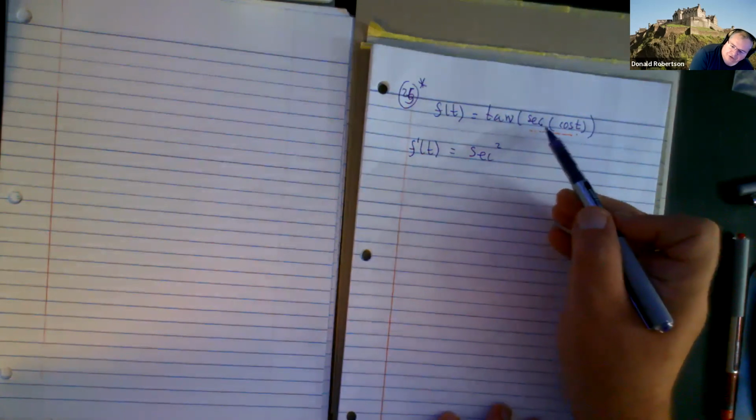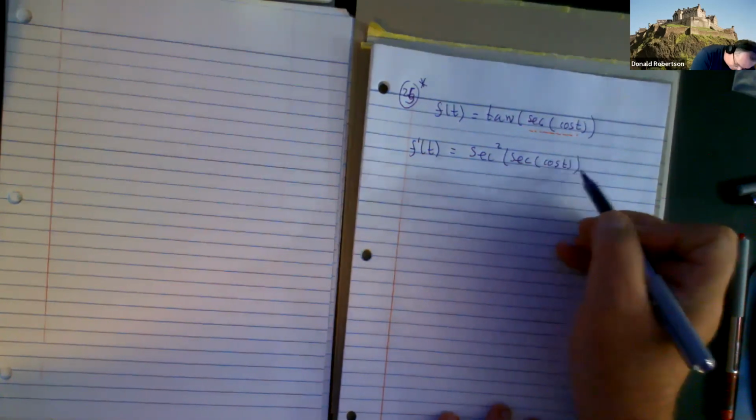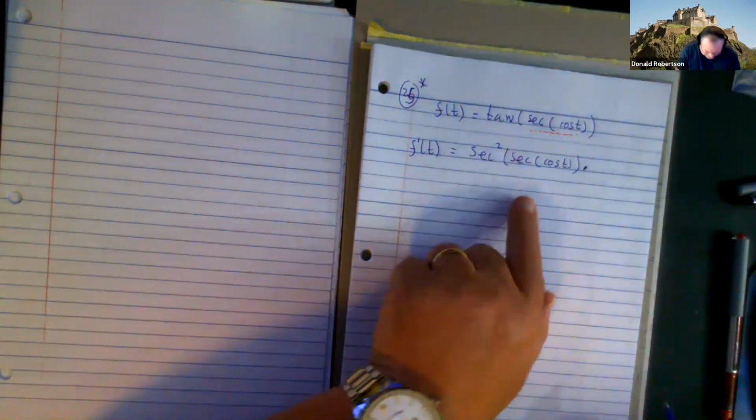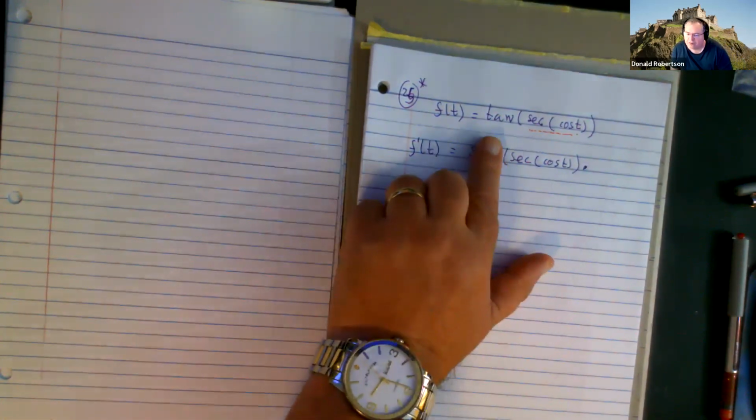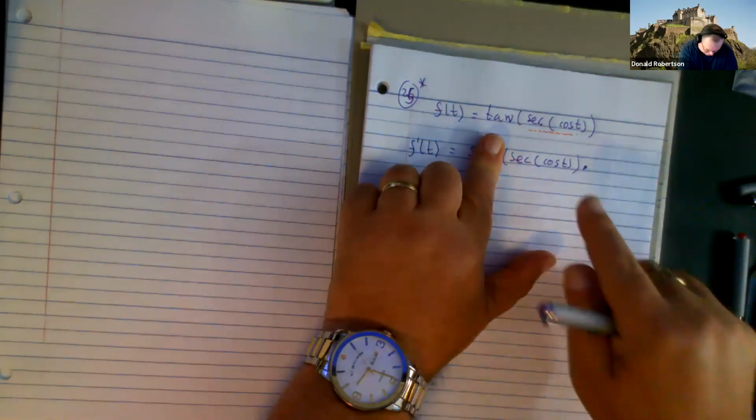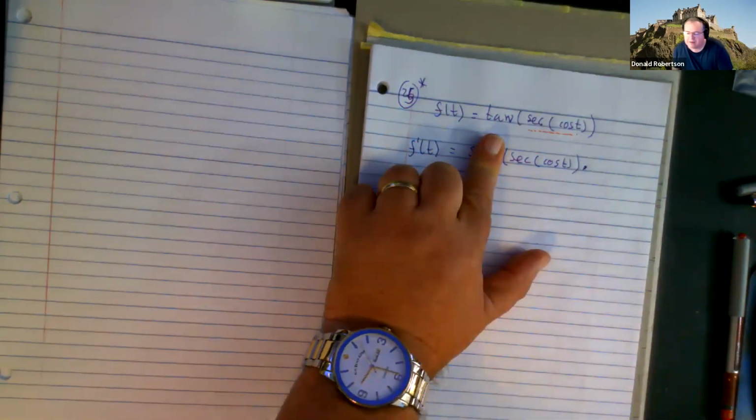Now, if I asked you to differentiate a tangent, wouldn't you get a secant squared? So if I ask you to differentiate the tangent of this inside function, you should get a secant squared of the inside function, followed by the derivative of the inside function, right? So times the derivative of this now.